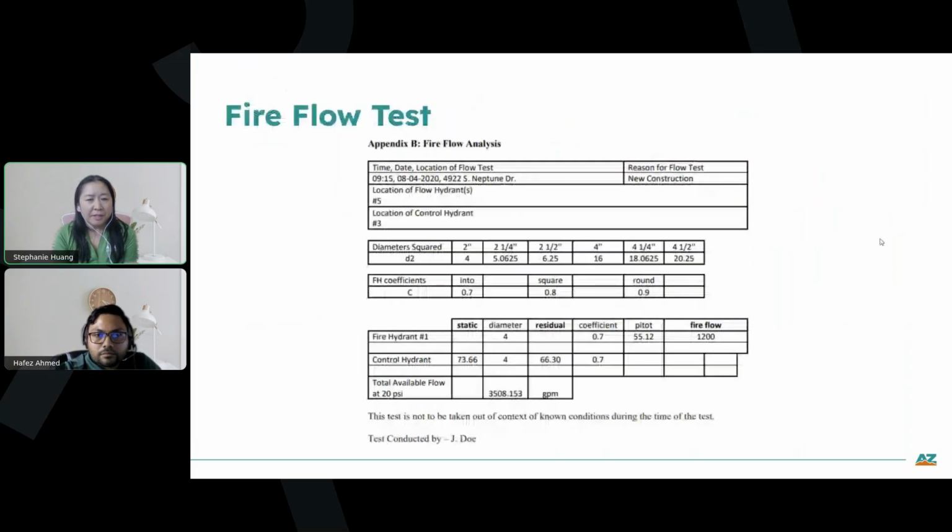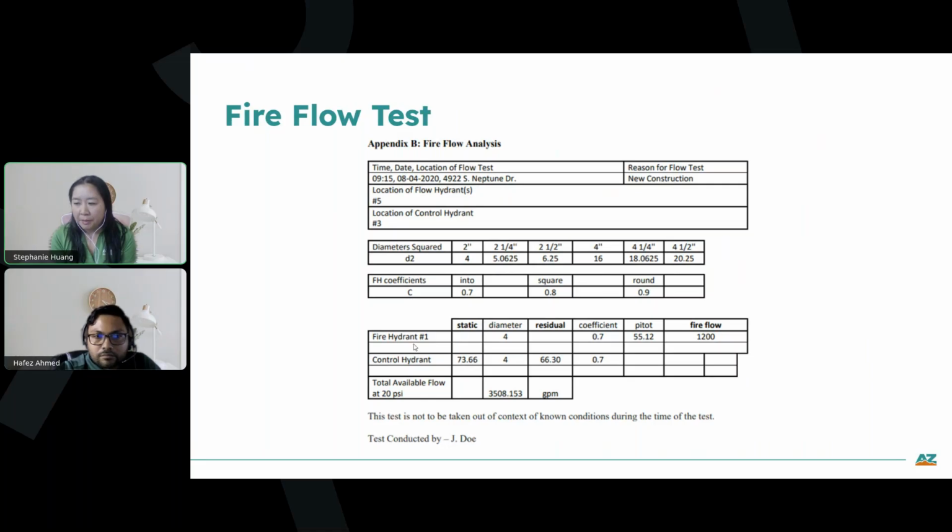So this is an example of a fire flow test. This is just a hypothetical. We want the time, date, and location of the flow test, the reason, usually new construction, the location of both of the hydrants, and there's some information that you put down here.